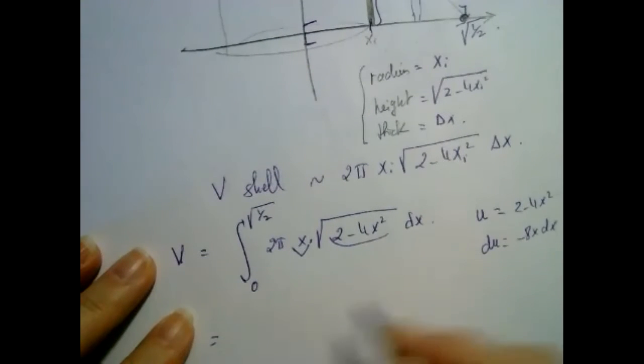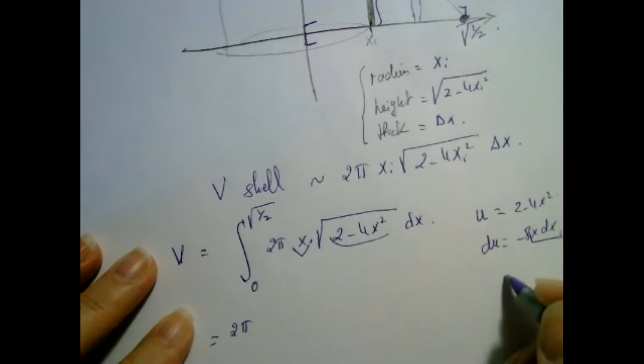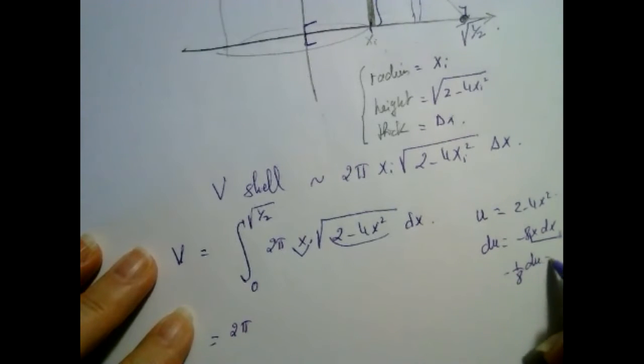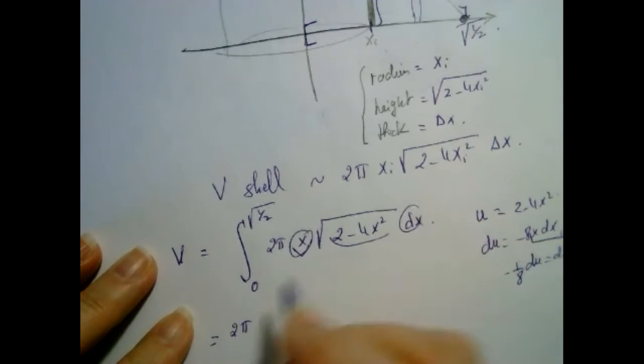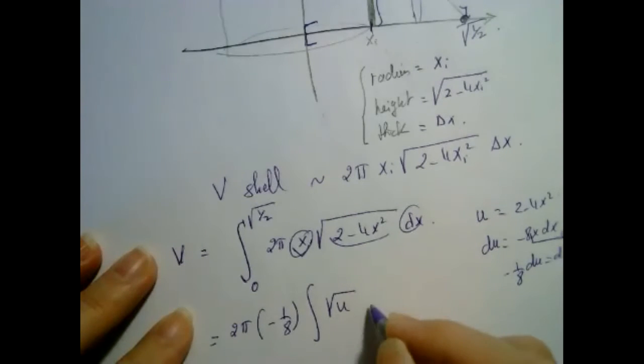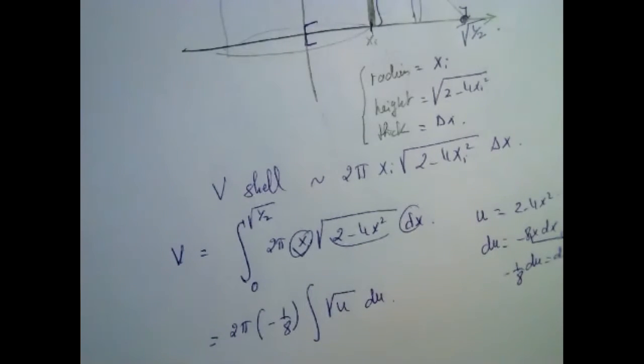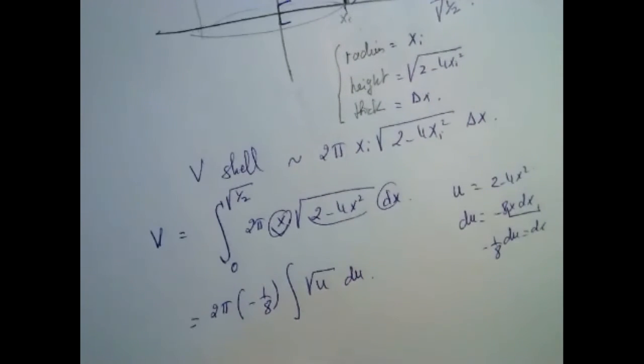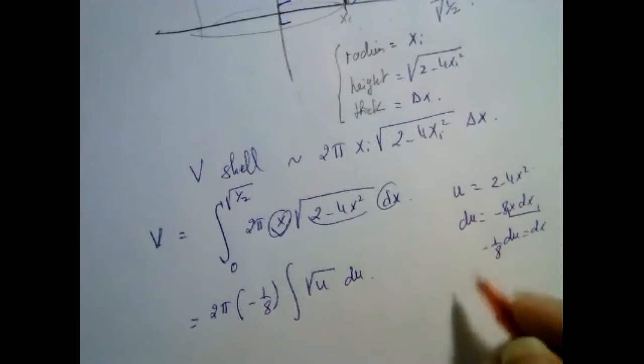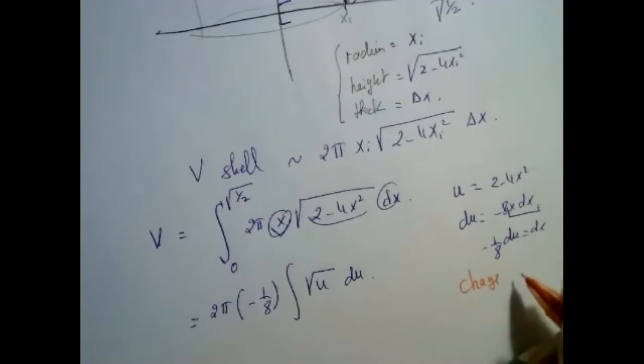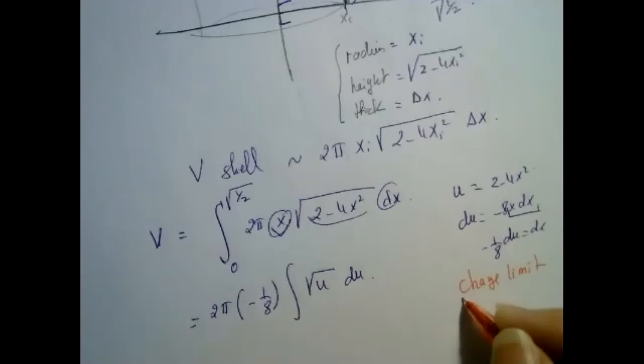This is equal to 2 pi. The x dx is minus 1 over 8 du. So x dx gives me the minus 1 over 8 square root of u du. And now I want to change my limit of integration. So I change limit. If x equals 0, my u is equal to 2.